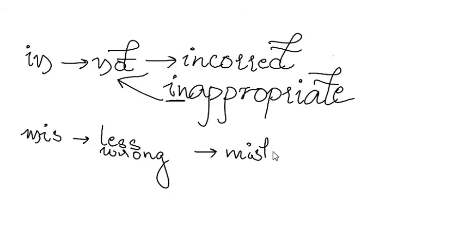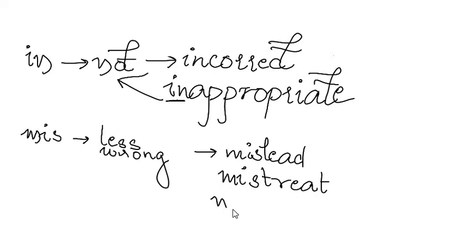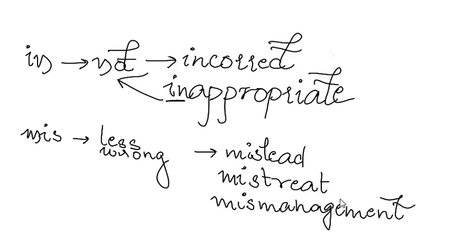It's misleading, I won't do this. Or mistreat: you were not treated very nicely, you were treated badly, so it's mistreat. Mismanagement, this word comes up a lot in company law. I hope you are grasping each and every word I am telling you. So mis means wrong or less. Are you getting my point?